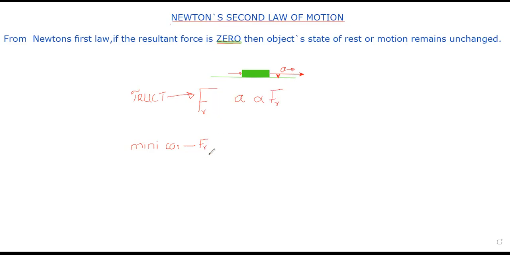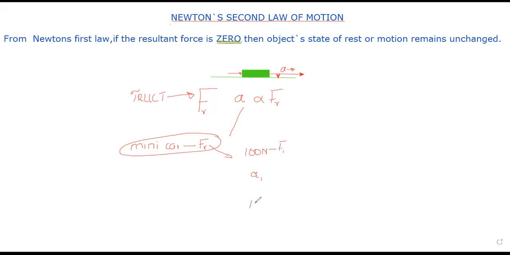So let's have a look at this scenario here. If the resultant force is 100 Newton, we expect acceleration 1 if F1 is 100 Newton.